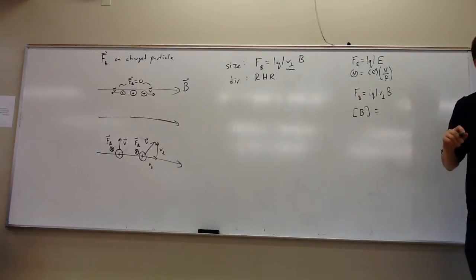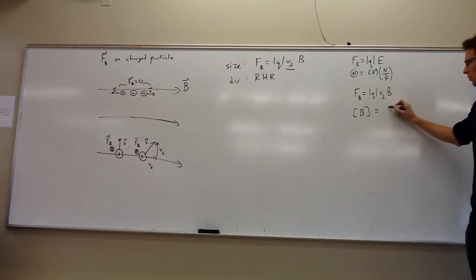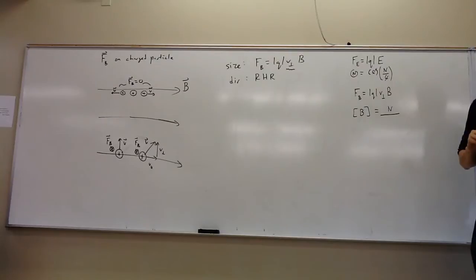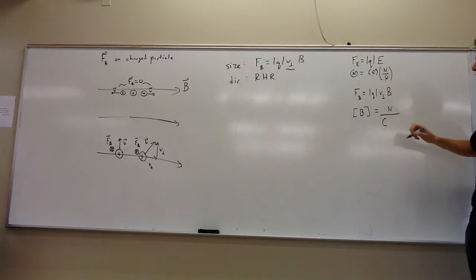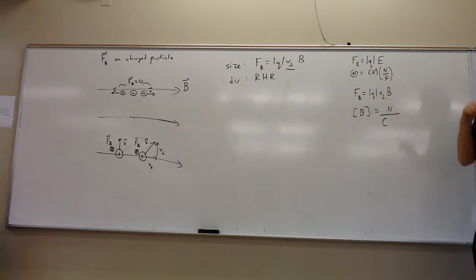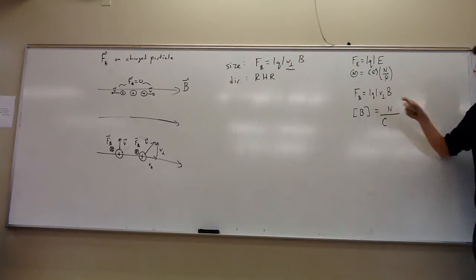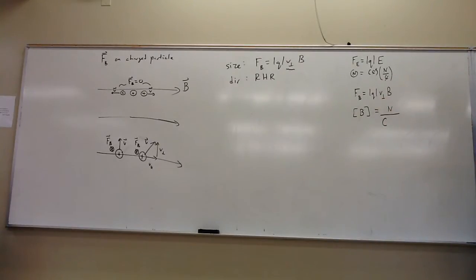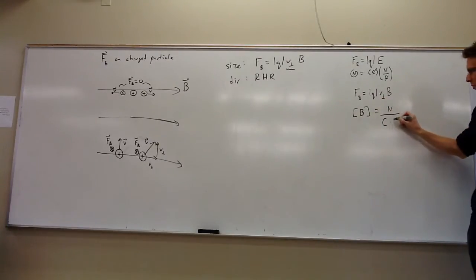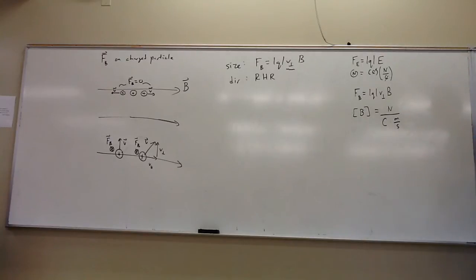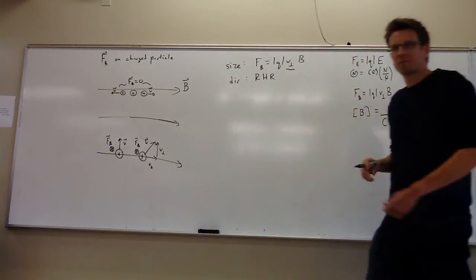So what do we measure force in? Newtons. What do we measure charge in? Coulombs. So far we just have the same newtons per coulomb, but of course the extra ingredient is the velocity. So what's the units of that? Meters per second. So the units of magnetic field are newtons per coulomb, meters per second.